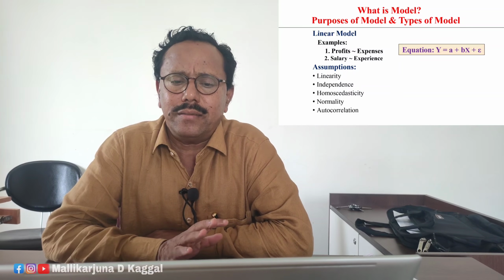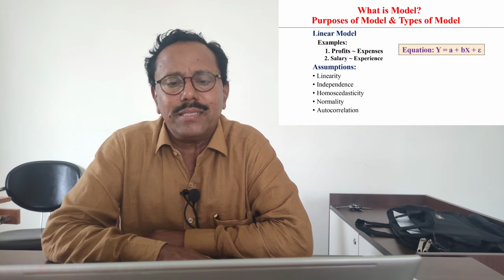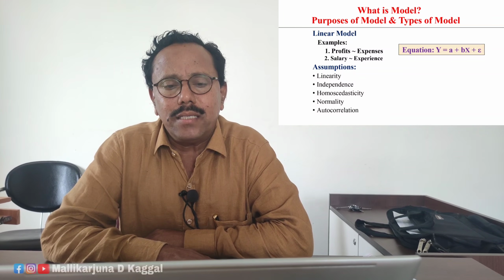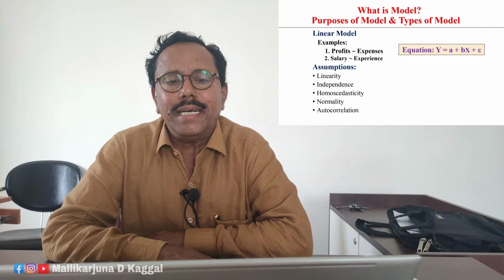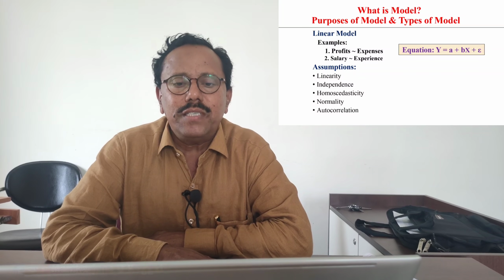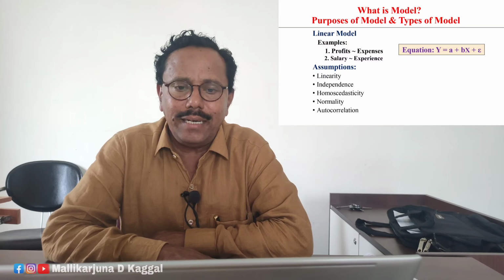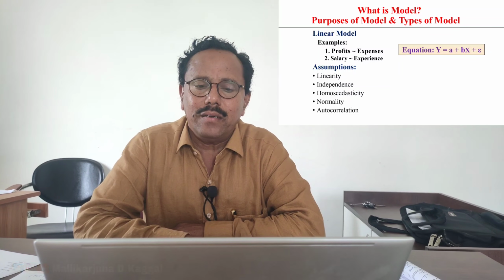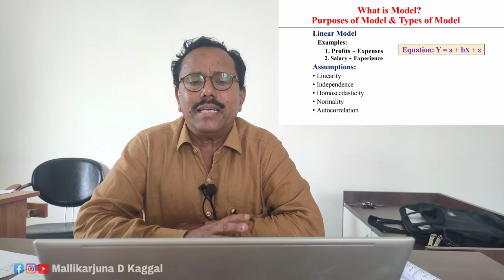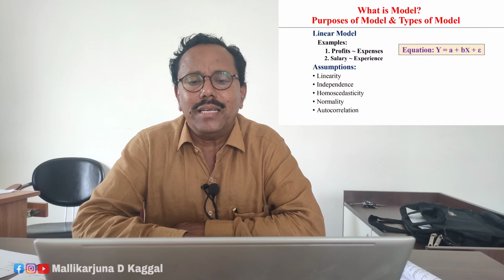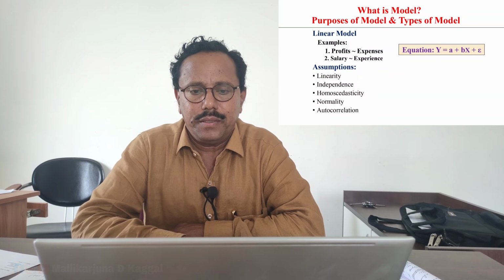We explain in a general sense. Let me repeat once again: a model is a simplified representation of a reality which is used to explain, to understand, and to predict the phenomena. Phenomena means an observable event or occurrence.